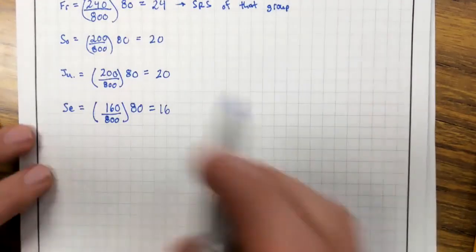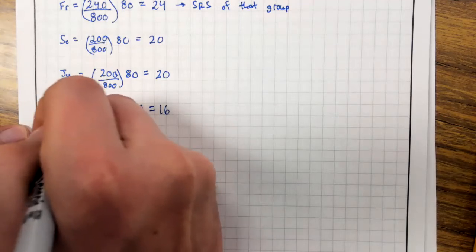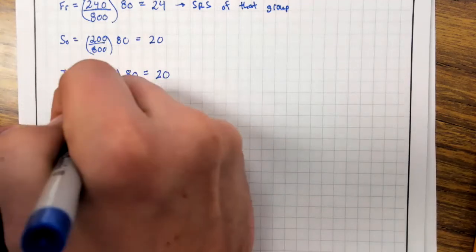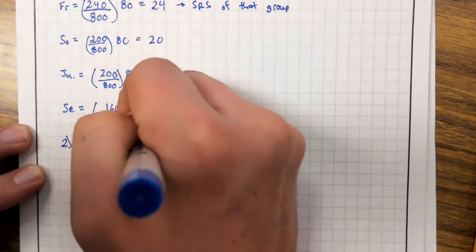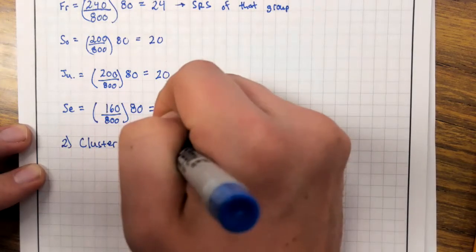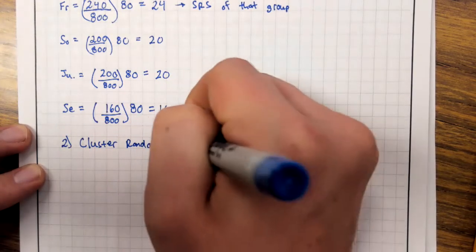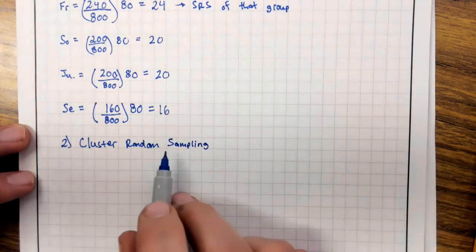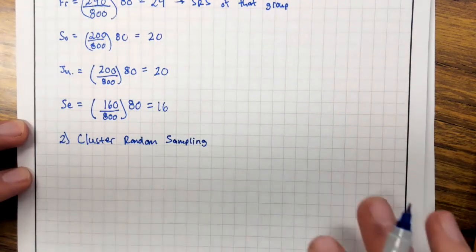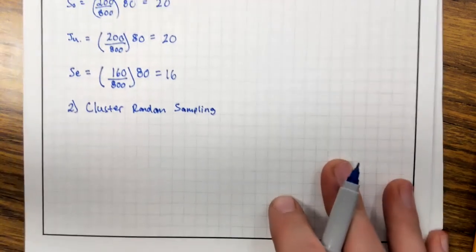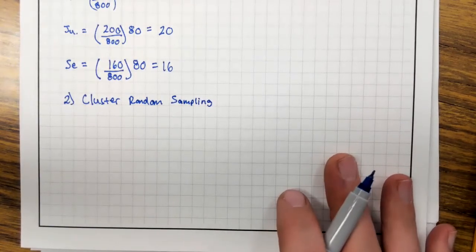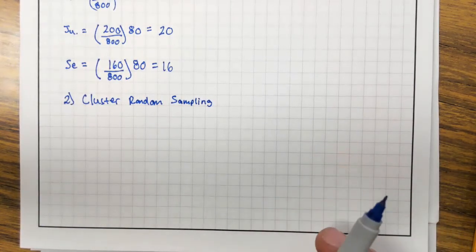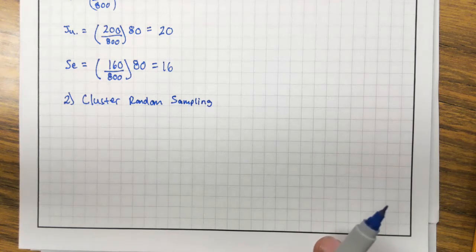Now this next one, the other random sample, is called cluster random sampling. It's pretty similar to stratified, but different as well. With the cluster, we're not classifying the groups, we're not putting them into strata, they're not sharing a characteristic.